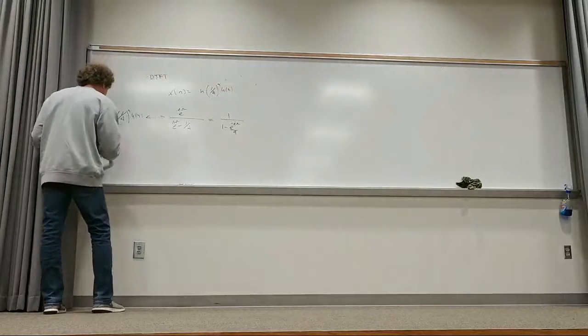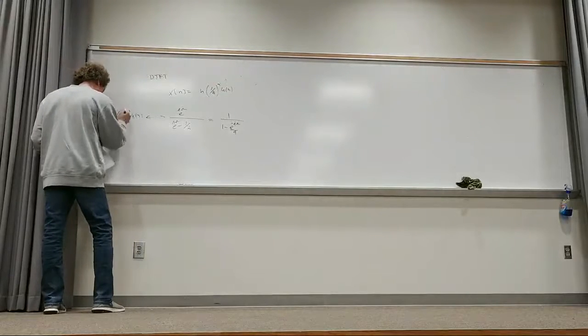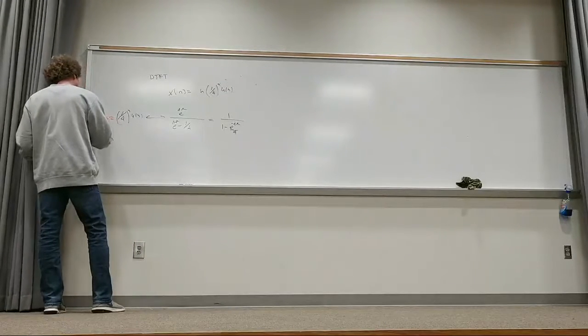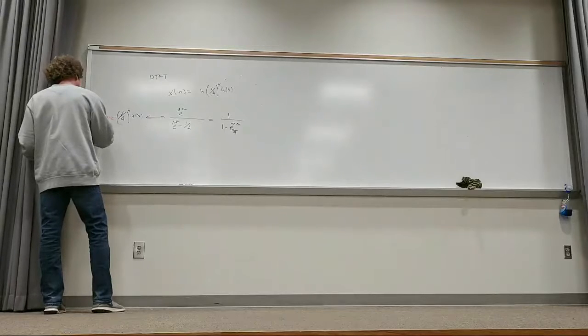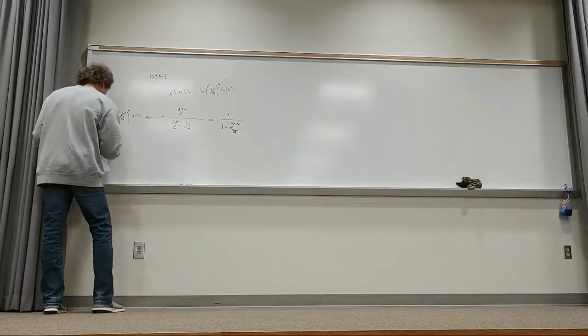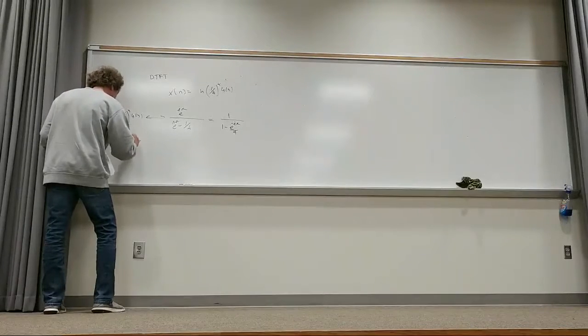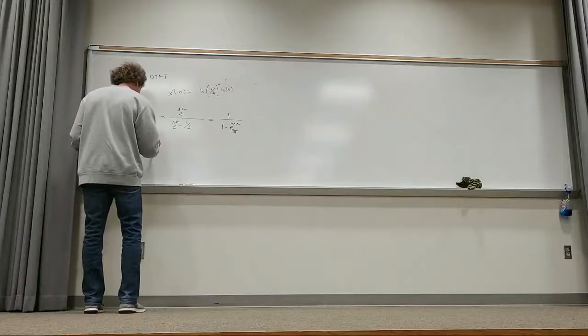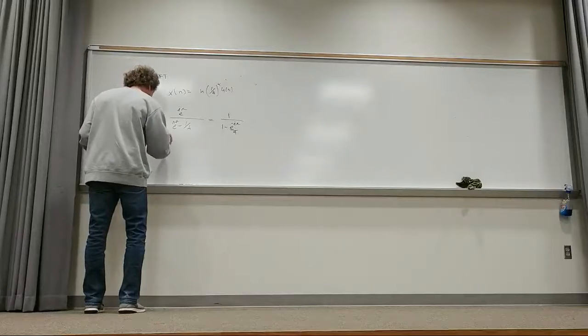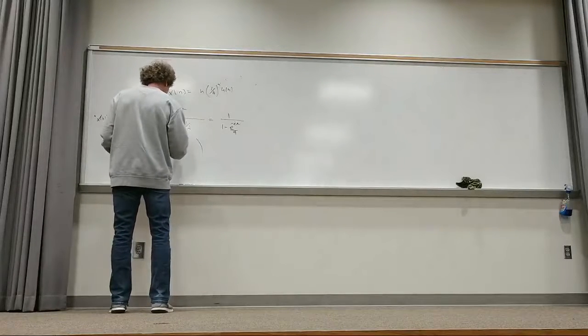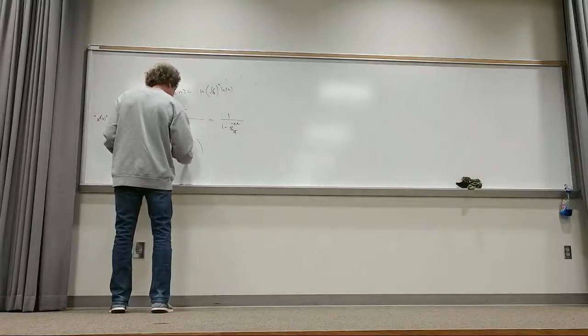Now if I have n times that, n times this is like a quote x of n, n times my quote x of n. That means I get a j times the derivative with respect to omega of that 1 over 1 minus e to the minus j omega over 4.